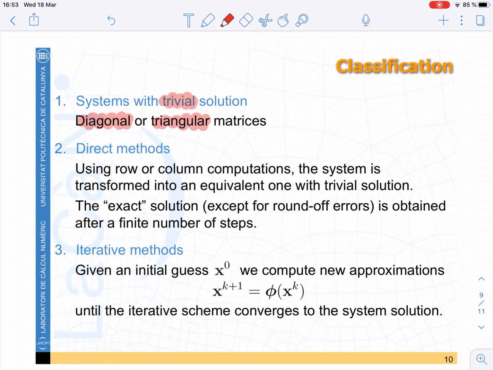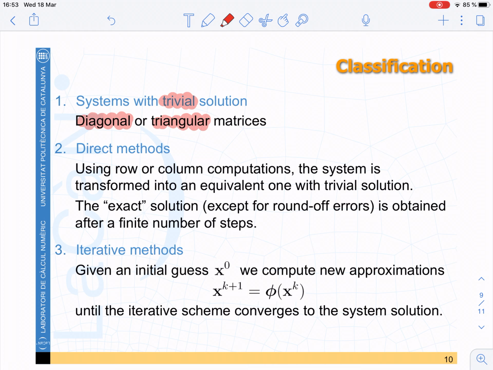Then we will discuss direct methods. These methods are based on transforming the original system AX equal B into an equivalent system with trivial solution. These methods provide the exact solution, except for rounding errors, after a finite number of steps. Okay? We will finally discuss iterative methods.